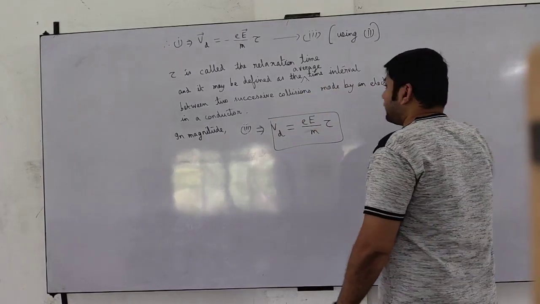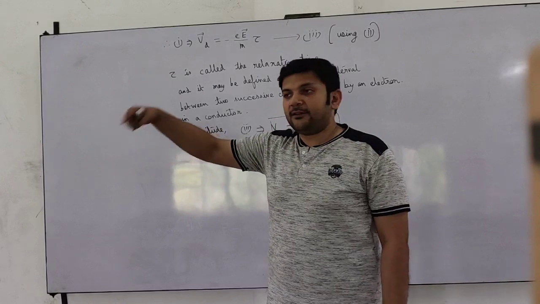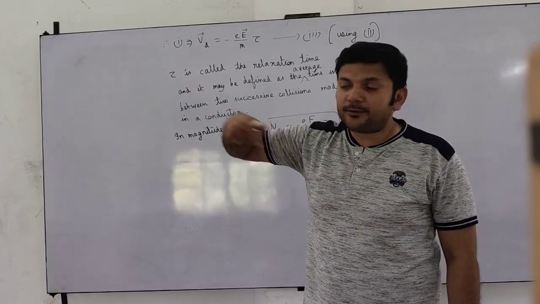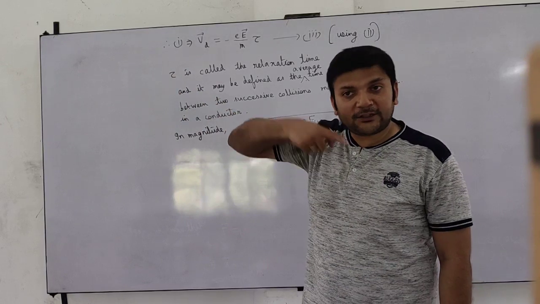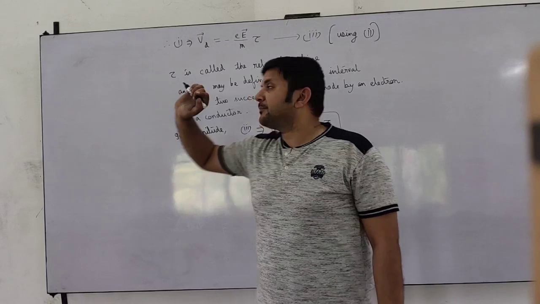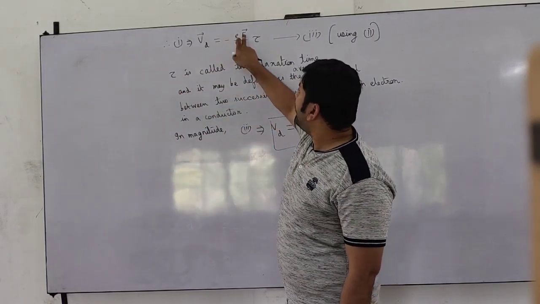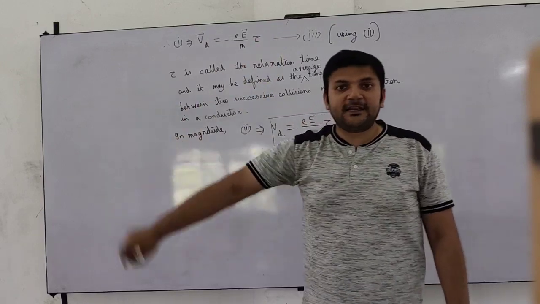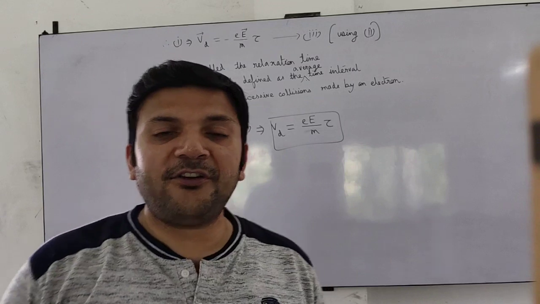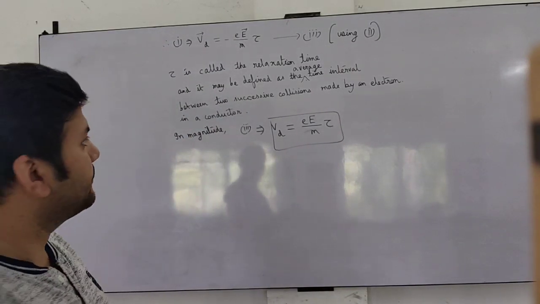The direction of the electric field is from positive to negative, but electrons are moving from negative to positive. So the negative sign indicates that the velocity is opposite to the direction of the electric field. This is the indication of negative charge.